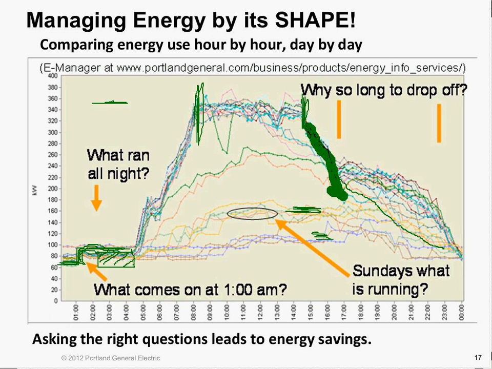It came down quickly, which means they saved all this energy in here. They saved it. And again, hours times kWh, you can calculate exactly. So by changing this shape, they can find and change and demonstrate energy savings.